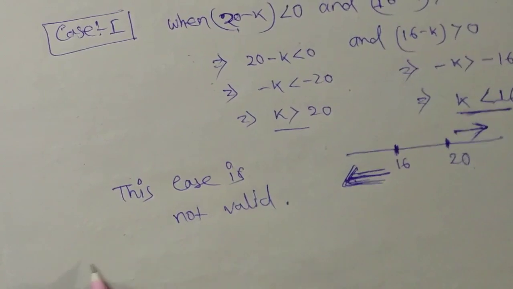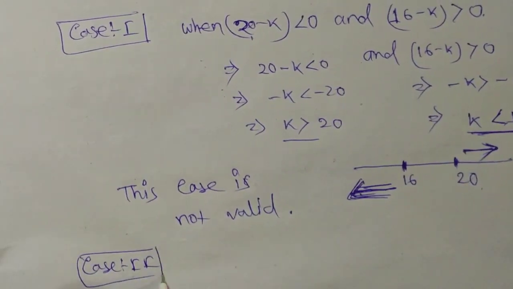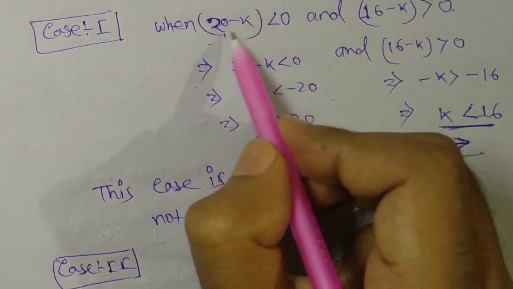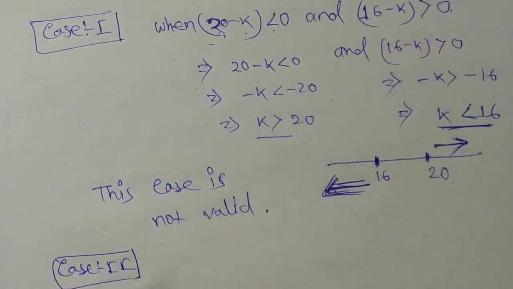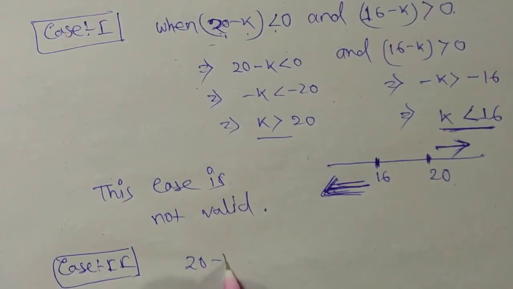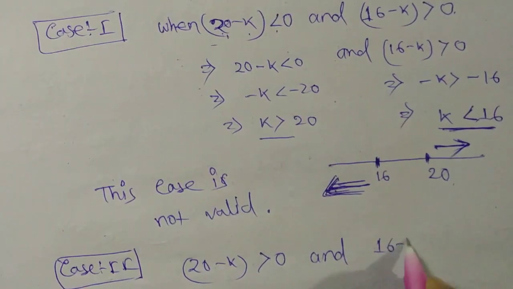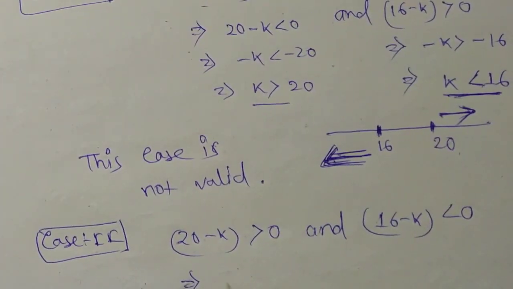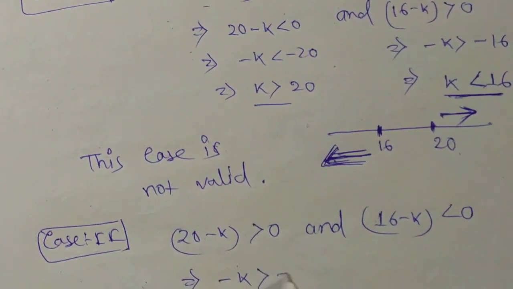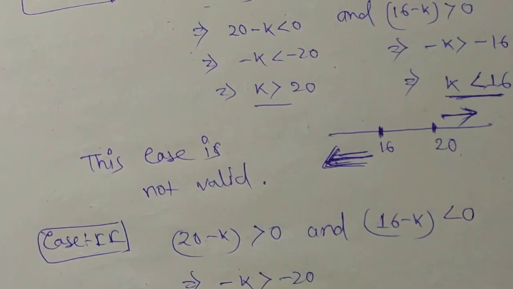Now see case 2. What is case 2? In the first case we considered 20 minus k less than 0 and 16 minus k greater than 0. In this case we will consider 20 minus k greater than 0 and 16 minus k less than 0. Now this gives minus k greater than minus 20, which implies k less than 20.